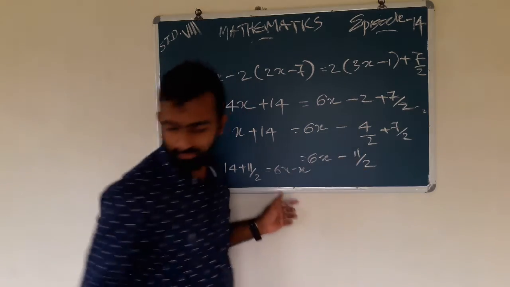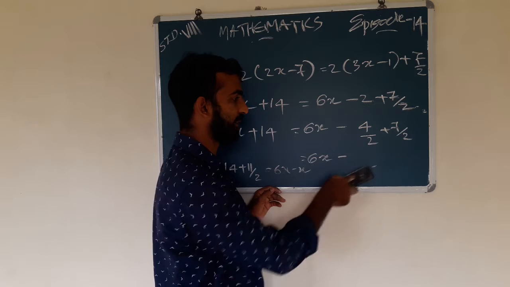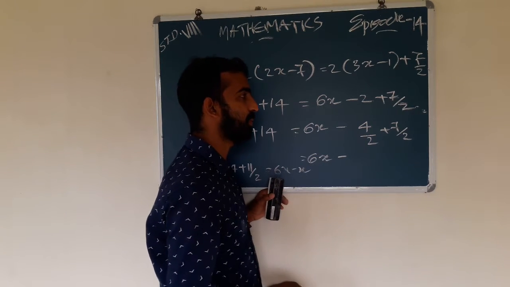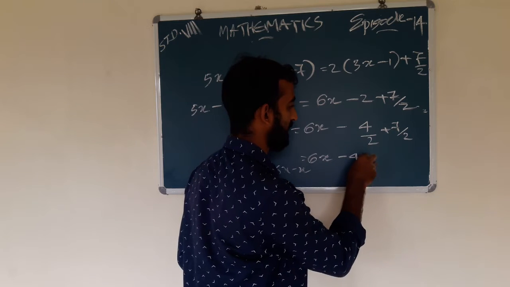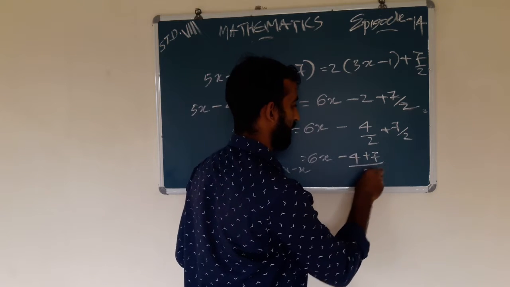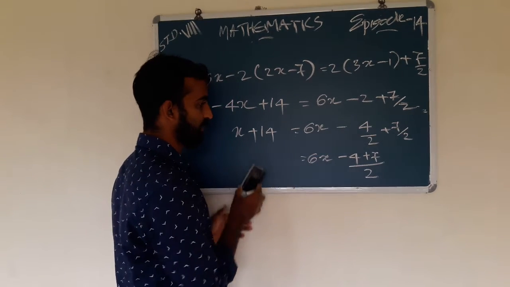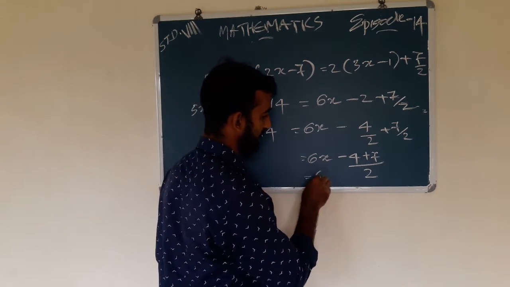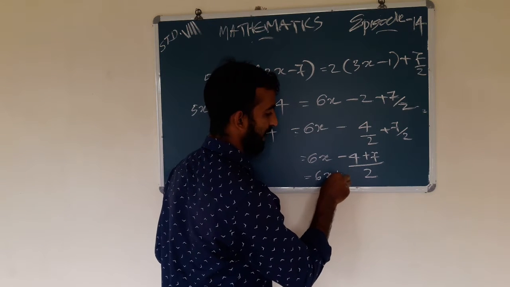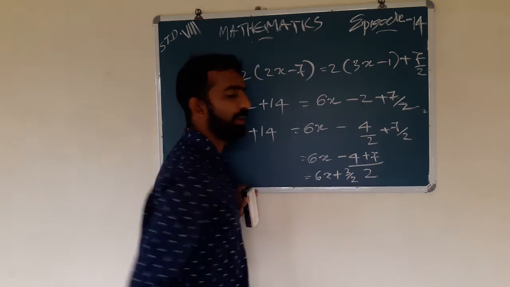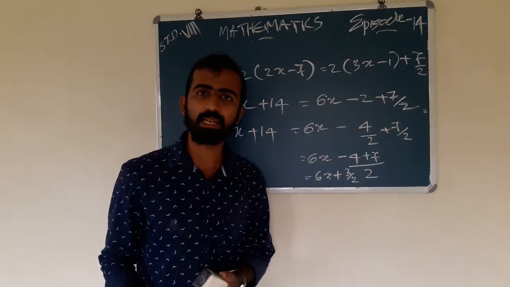We take 2, so here we get 11 by 2, so here negative 2, that is 4, negative 4 plus 7 by 2, that is, next one is 6x minus plus 3 by 2. When we add negative 4 plus 7, we get plus 3.